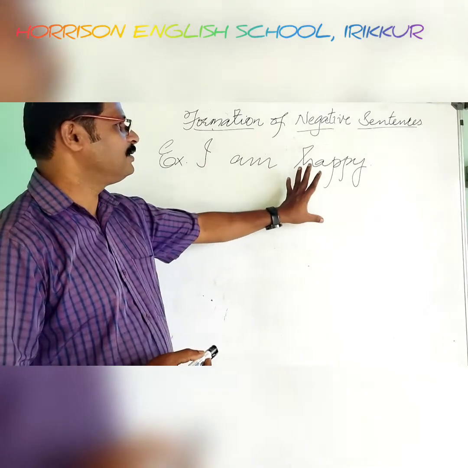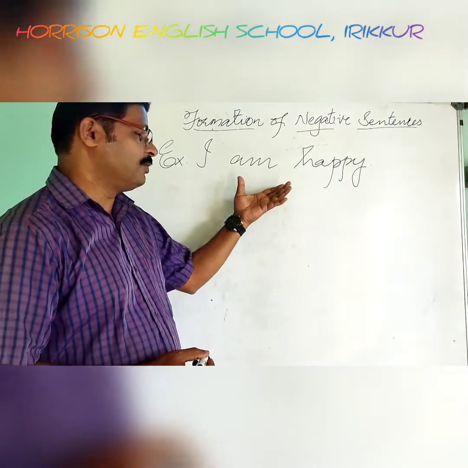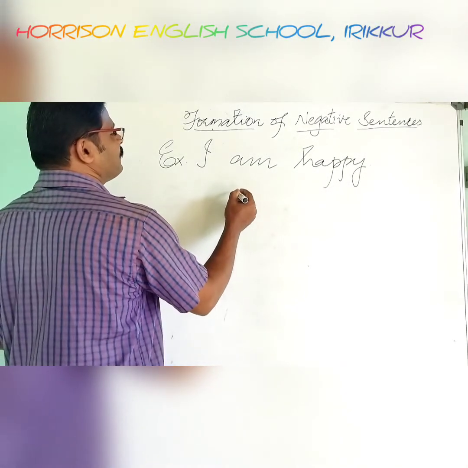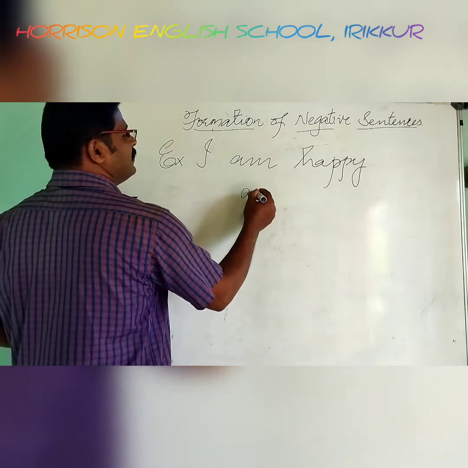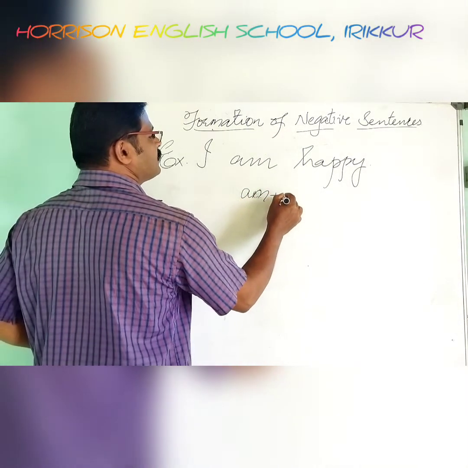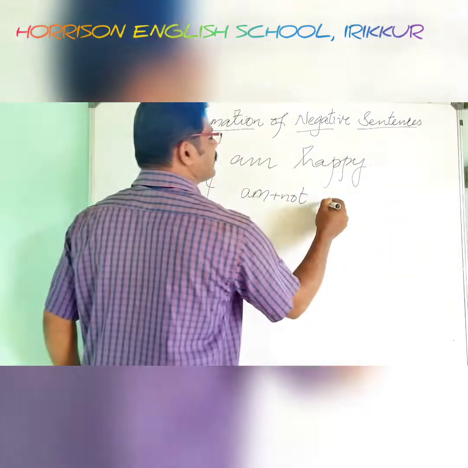Such a word of negation is not seen. I am happy. Everybody knows how to make it negative. We can make it negative by adding what? Auxiliary, that is am plus not. So we can say I am not happy.